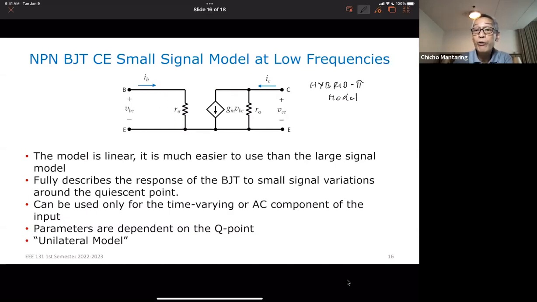And then you're going to have to derive what will be the new parameters of your two-port network. So that's what's going to happen starting module 5. Using this as your base, kapag nadagdagan ka na ng mga elements, then you're going to have to derive what will be the new parameters of your two-port network. Any questions?